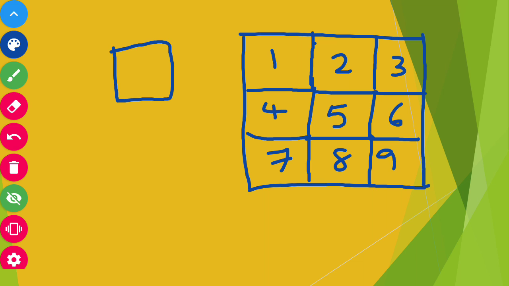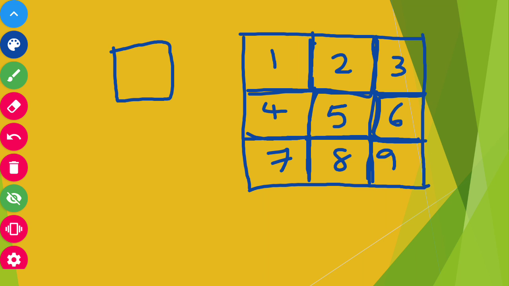Yes, I have used 9 square tiles, and there is no space in between these squares, isn't it, children? Can you see any space in between these two squares? No, not at all, isn't it? So we can choose a square as the best unit for measuring area.